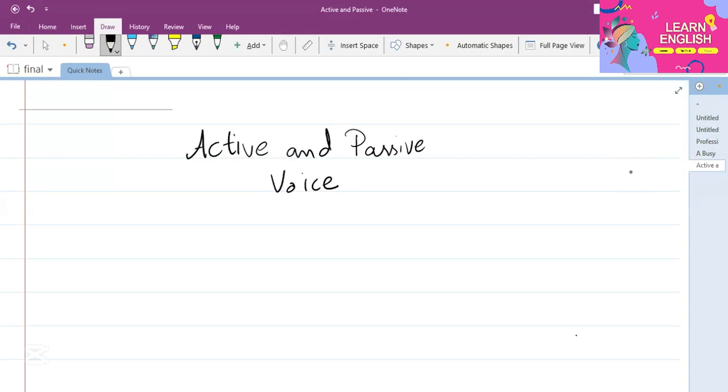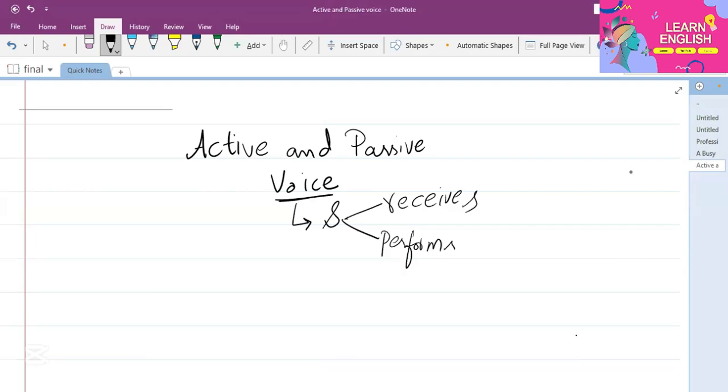In English, voice is basically used for the subject in sentences, whether the subject is receiving the action or performing the action.